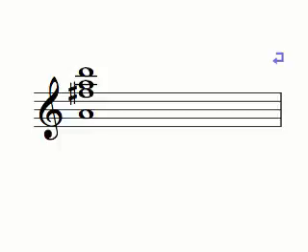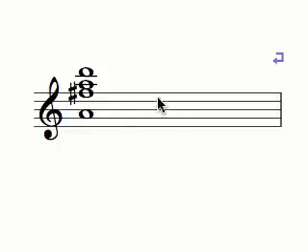In this case, this is still a D major triad in second inversion, in open position, because the notes are the D major triad, and the lowest sounding note is the fifth.